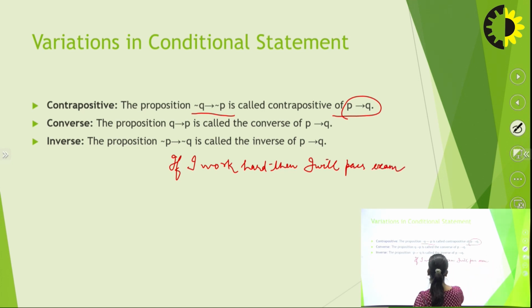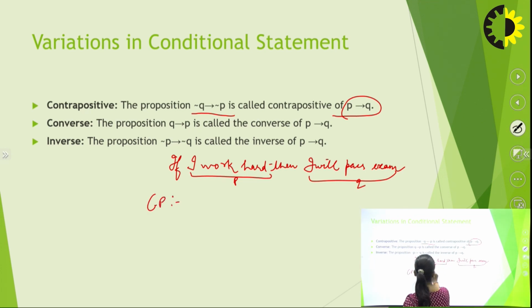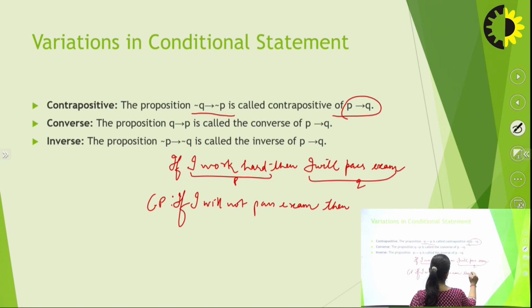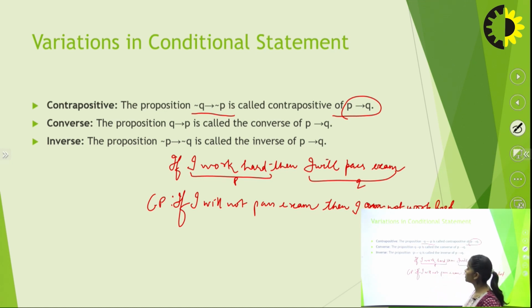This statement is P and this statement is Q. So the contrapositive statement for the given statement is not Q, meaning I will not pass the exam. If I do not pass the exam, then I have not worked hard. This is the contrapositive statement in this case.